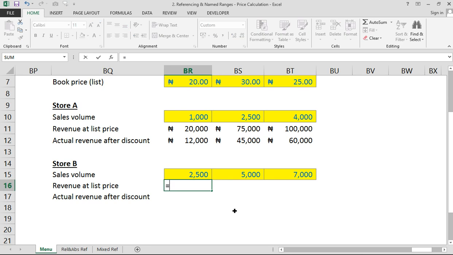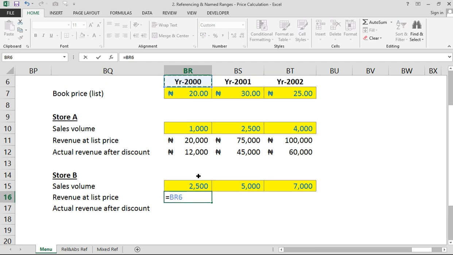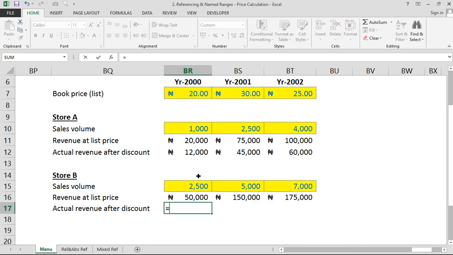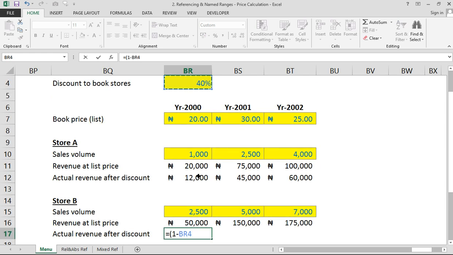Just the same thing we have here for store B. We just have to get the revenue at list price, which is the book price multiplied by the volume. And so this is a relative cell reference. Copy that across. Also here you can see 1 minus the discount, which is this, and we'll press F4 to have an absolute cell reference.